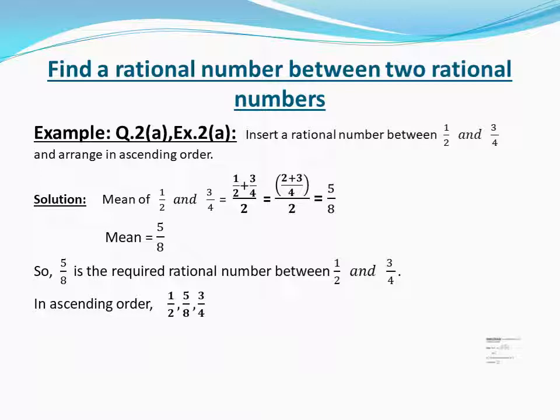Then we get the mean 5 by 8. So 5 by 8 is the required rational number between 1 by 2 and 3 by 4. In ascending order, we first write 1 by 2, the smallest number, then mean in the middle, and 3 by 4 at third place.